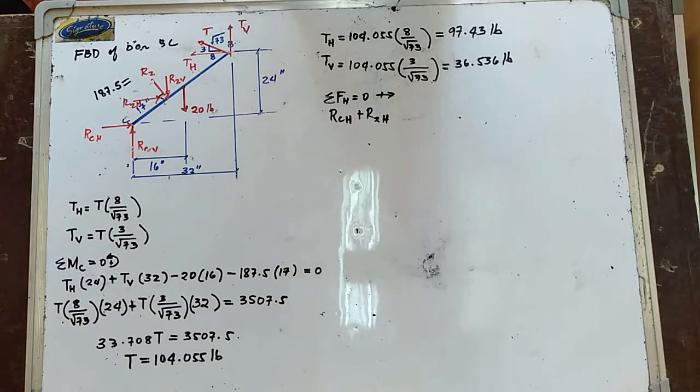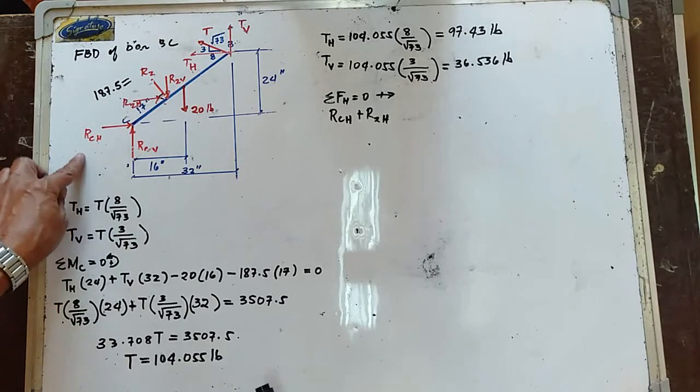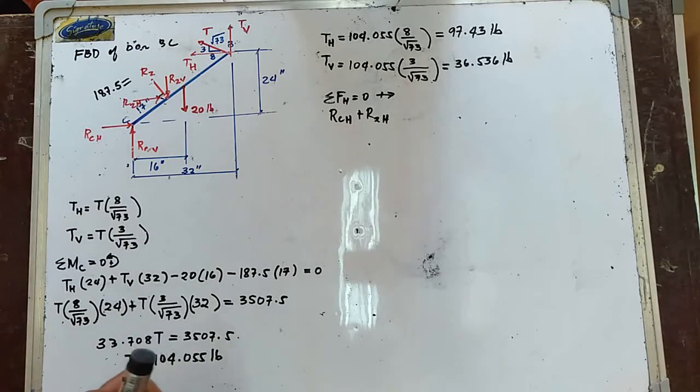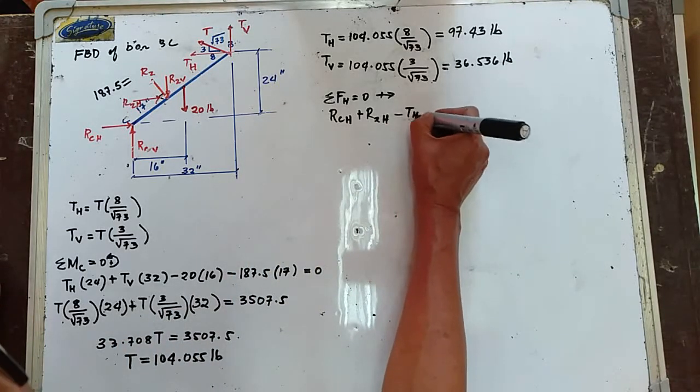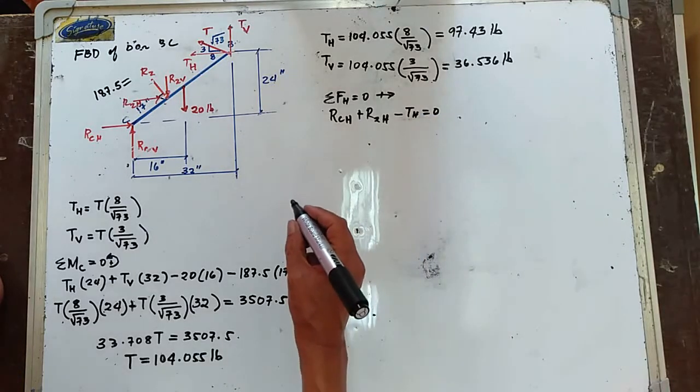So summation of forces horizontal: RC horizontal plus R2 horizontal minus T horizontal is equal to 0.